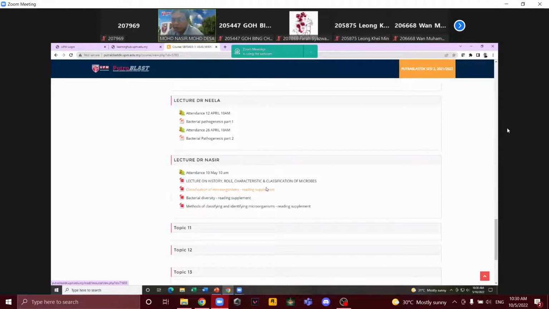If you're really interested in doing research, that's just within the scope of medicine. But as I said earlier, only a small proportion of microbes are causing disease. Okay, the majority are actually good microbes. So that's why we have industrial microbiology, food microbiology, and environmental microbiology.